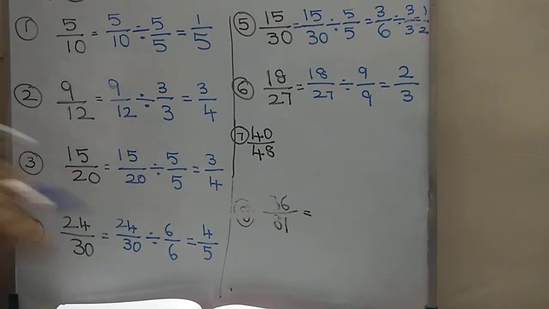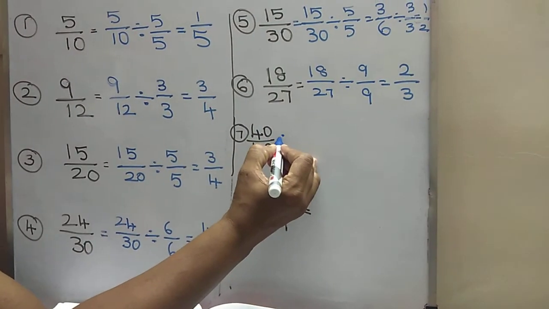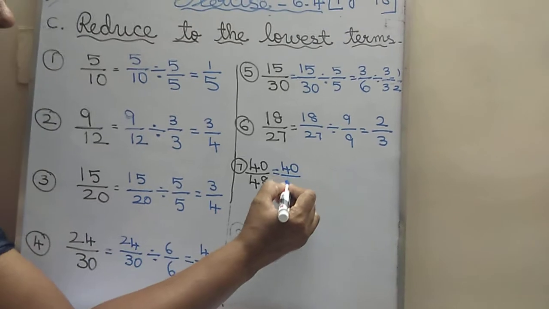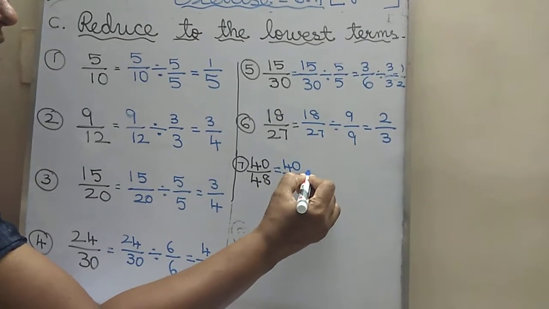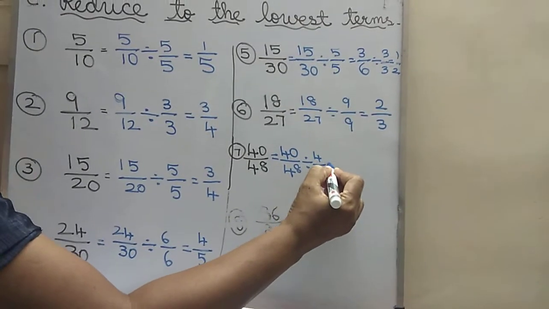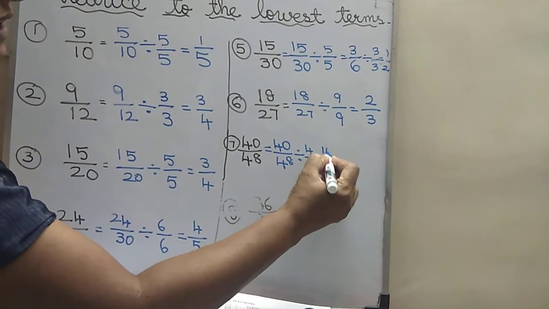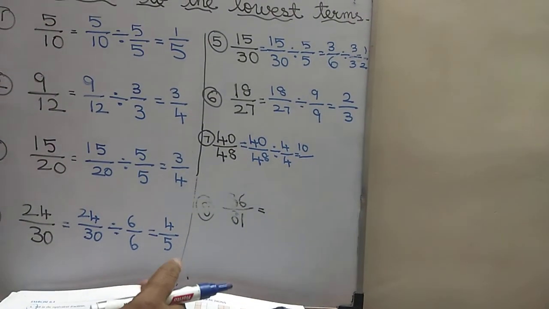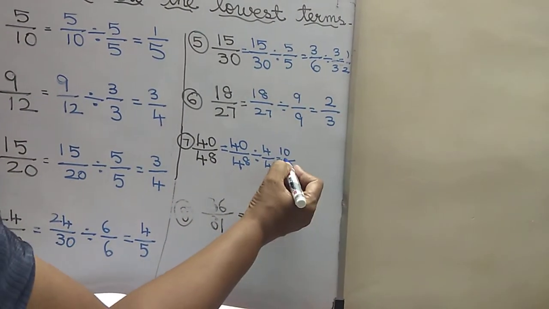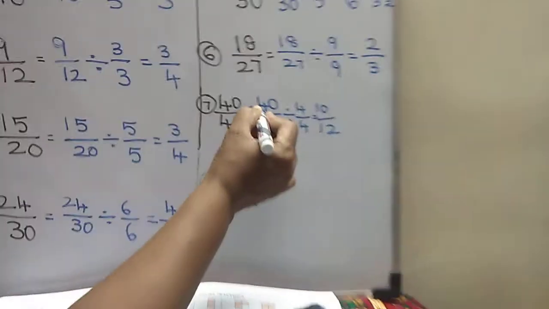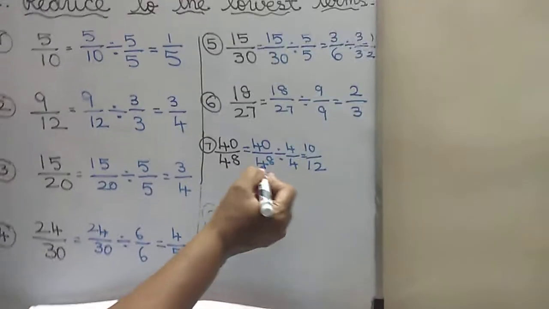See here, first it goes in 4 tables. 40 by 48 goes in 4 tables. Isn't it, children? So 10 4s are 40 and 12 4s are 48.